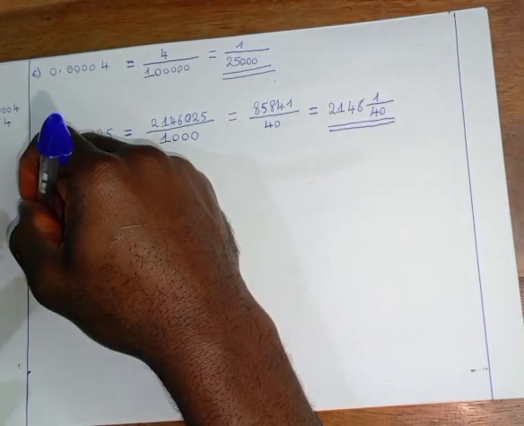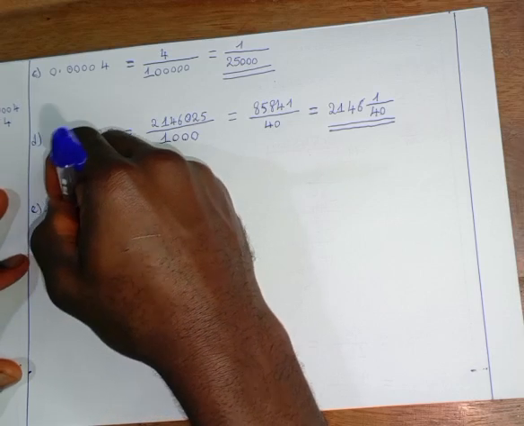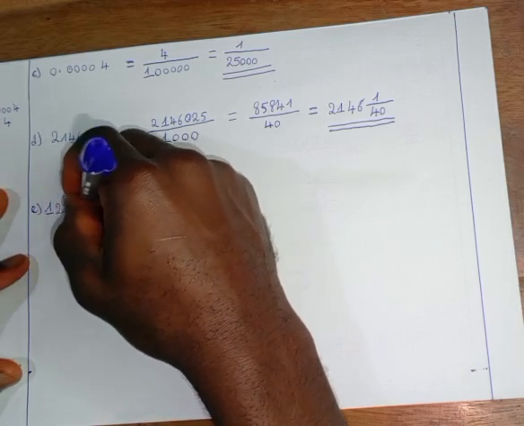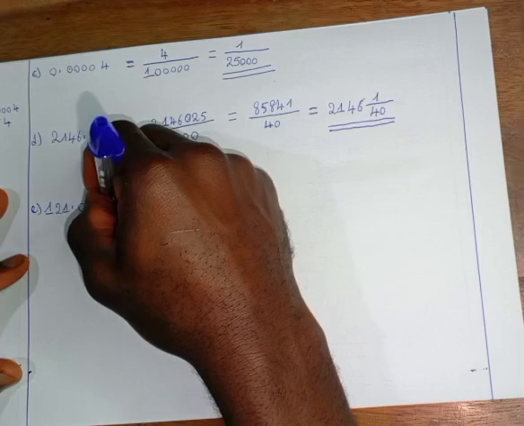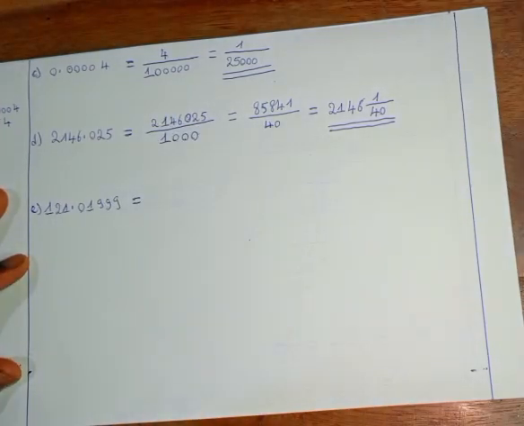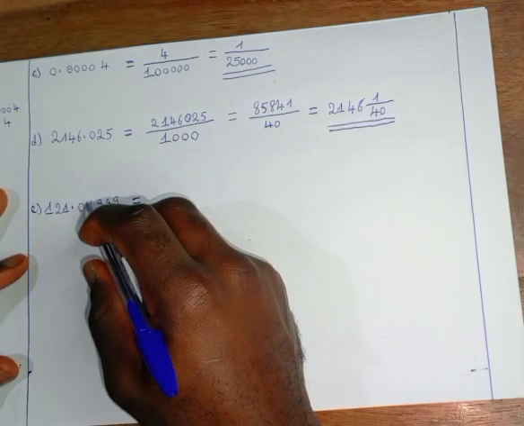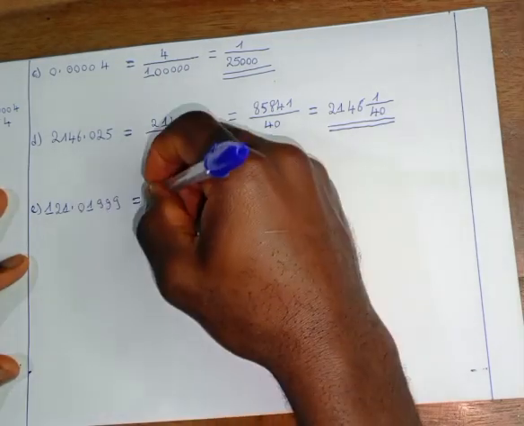For E, we have 121.01999. This will simply be equal to, we're going to count the number of decimal places first. We have 1, 2, 3, 4, 5.